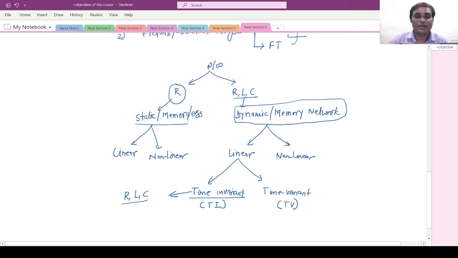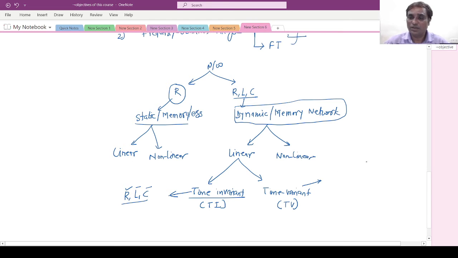So what do parameters mean? Suppose I buy a resistor, inductor or capacitor today, and if I check the values after 1 year, they remain the same. The network constituted with such parameters will be time invariant. Whereas time variant is where the parameters change with respect to time.